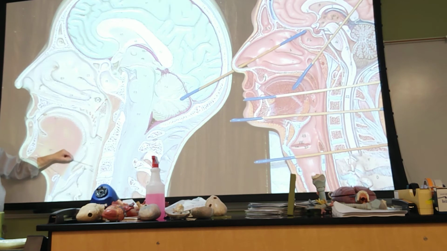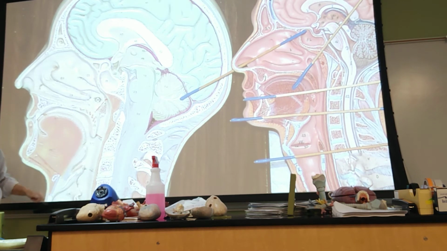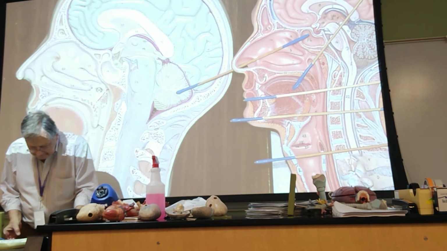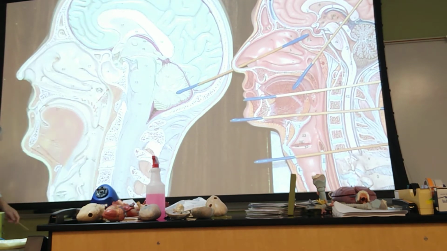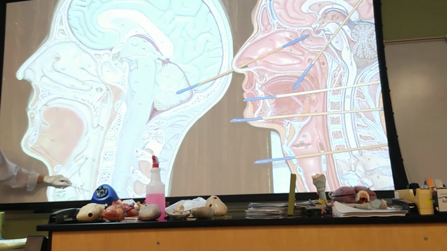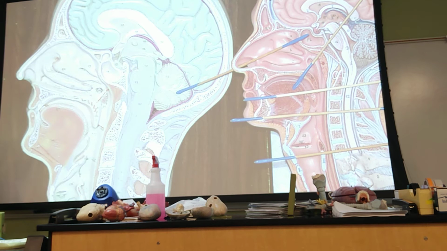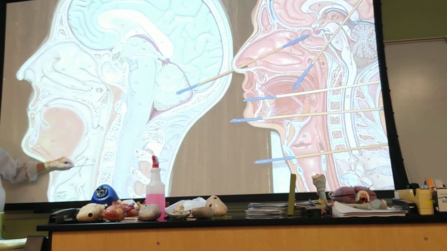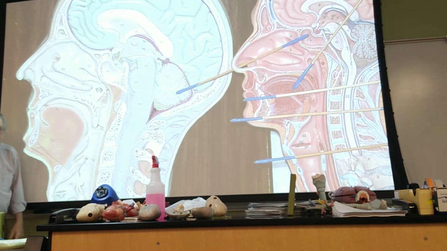That's oropharynx. And then there's black lines. There's a second black line. Well, it's almost gone. Anyway, this area here is the laryngopharynx. Naso, oro, laryngopharynx. Okay?